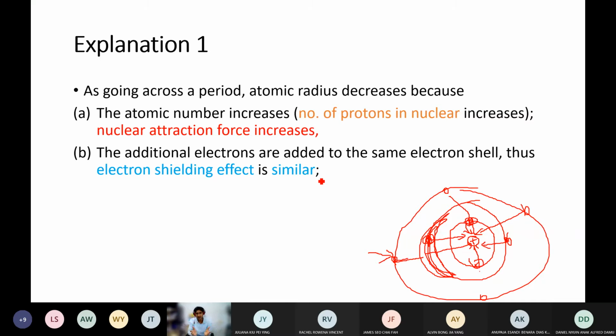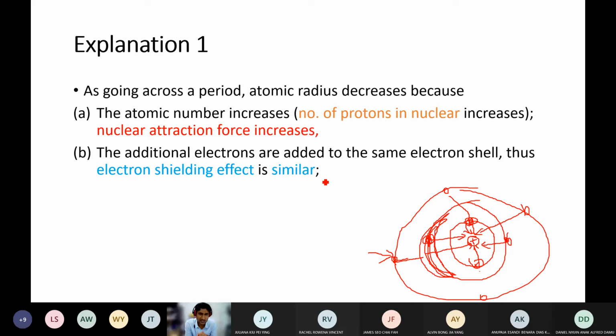All of them will cover the nucleus in a way that the outer shell electrons will be a little bit shaded, shielded from having a fair share with the nucleus. So that is called the electron shielding effect.